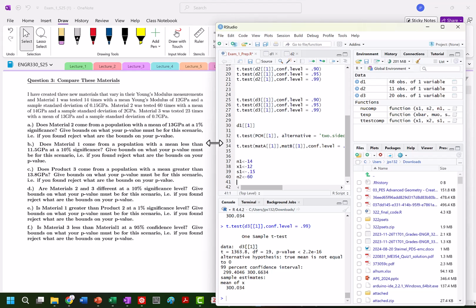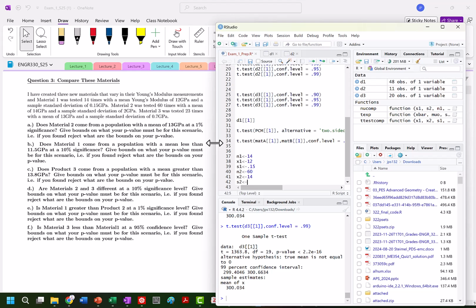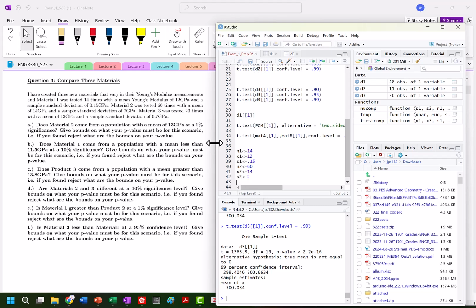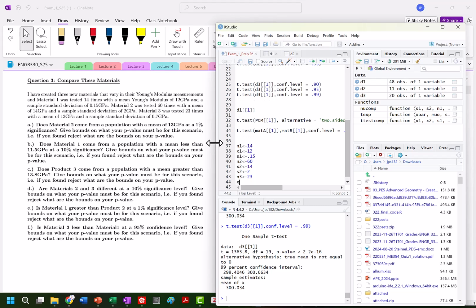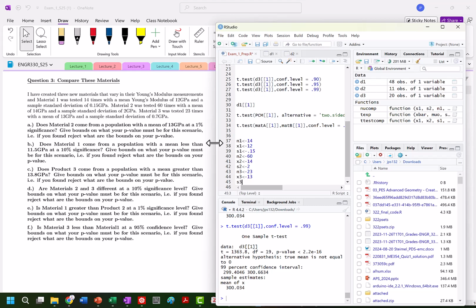Our x2 goes to 14, and our s2 goes to 2. Our n3 goes to 23. Our x3 goes to 13, and our s3 goes to 0.7.